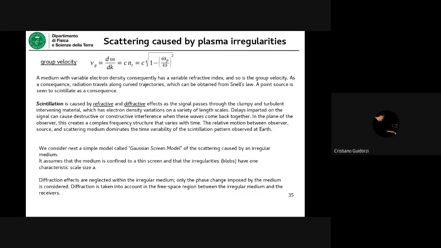There are some different models. We will focus on one of them, not because it's particularly more important than the others, but because it's representative of the main effects that come into play, which is called the Gaussian screen model. These are just comments that will become clear in the following.